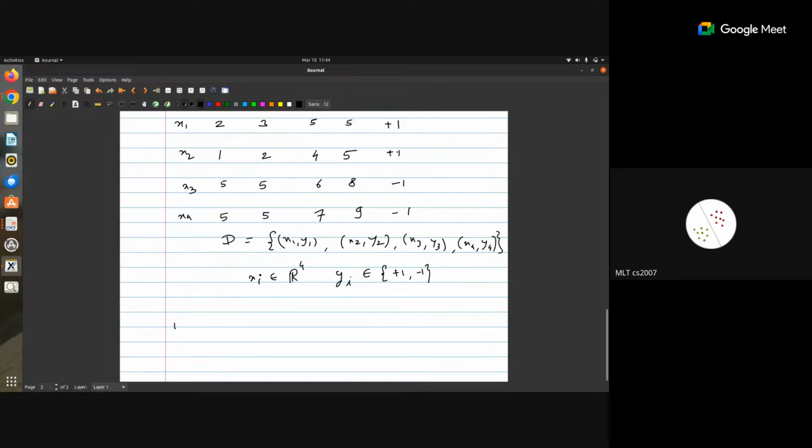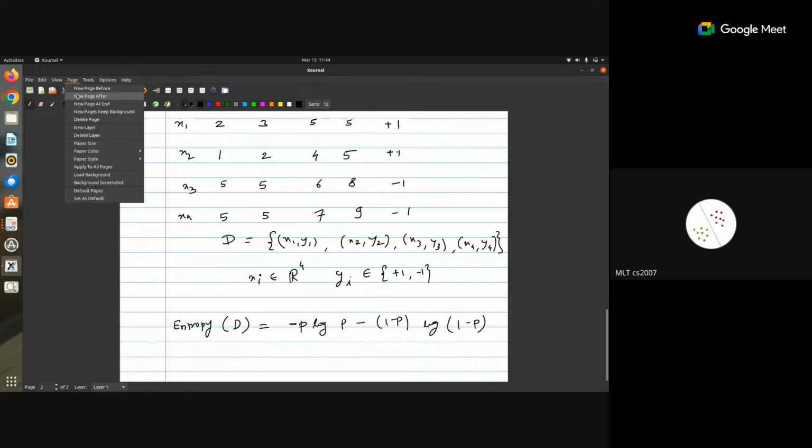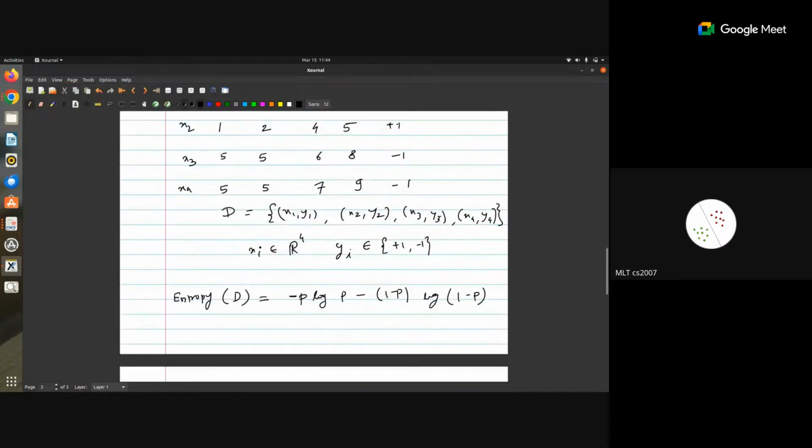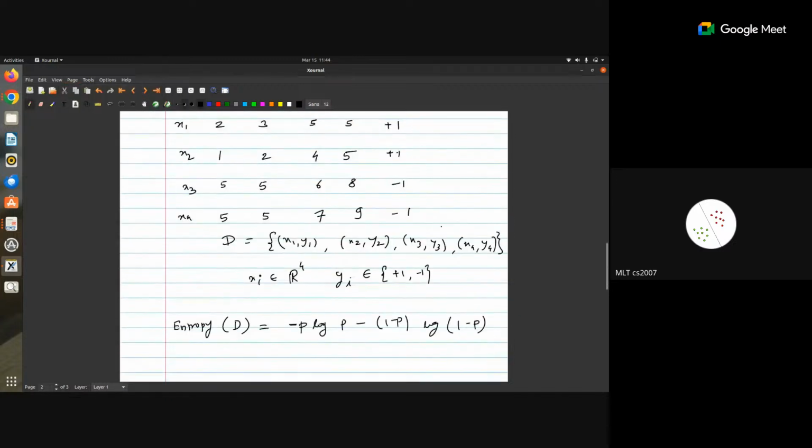So the entropy of this data set will be found out by using the formula, which is minus p log p minus (1 minus p) log (1 minus p). This is the formula, but how will it work on the given data set?